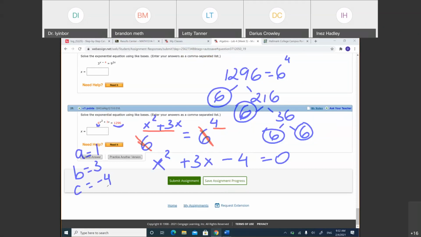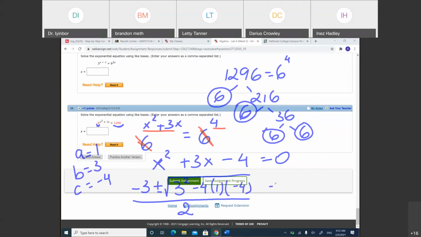And then you're going to plug it into the formula, which is negative B, negative 3, plus or minus square root of 3 squared minus 4, A and C. Everything over 2A, which is 2 times 1, is 2. And then inside the square root, 9 plus 16 is 25.